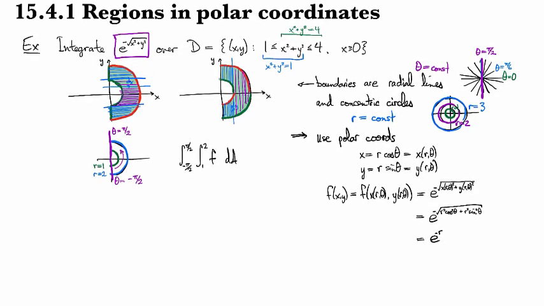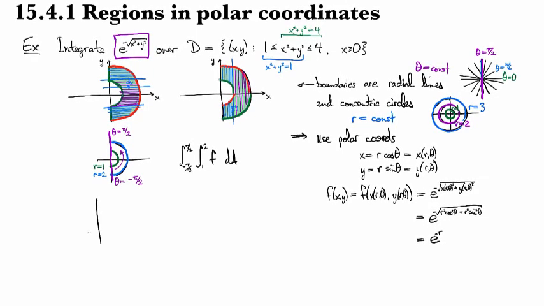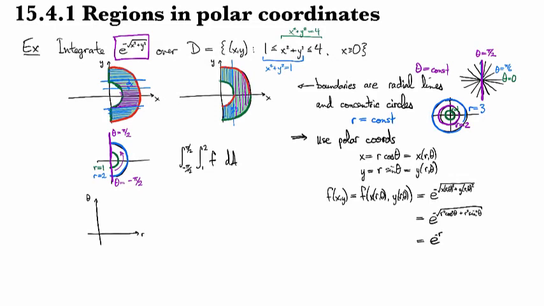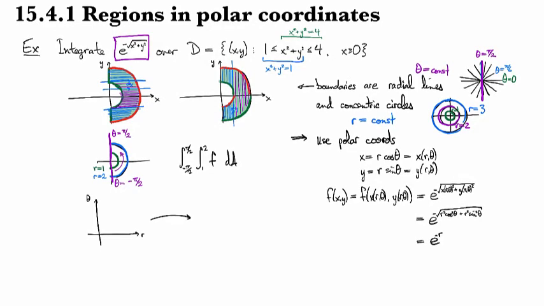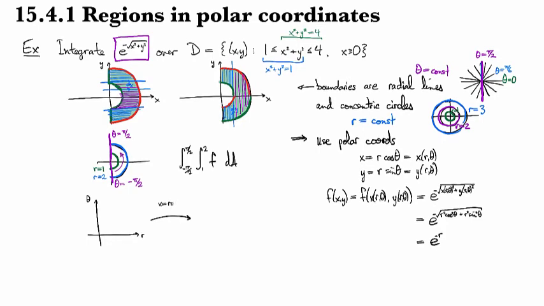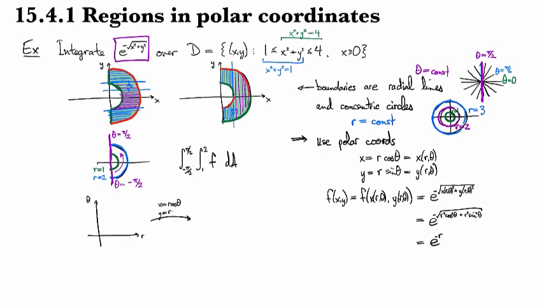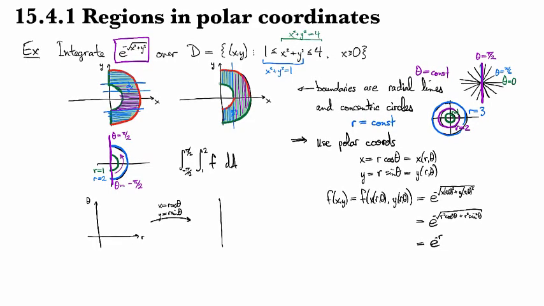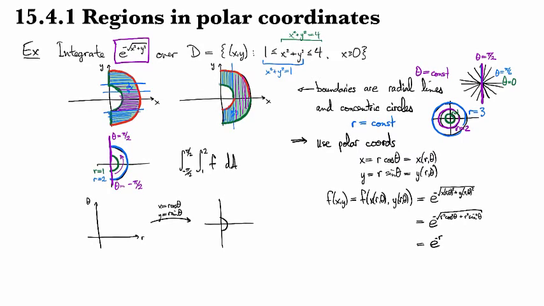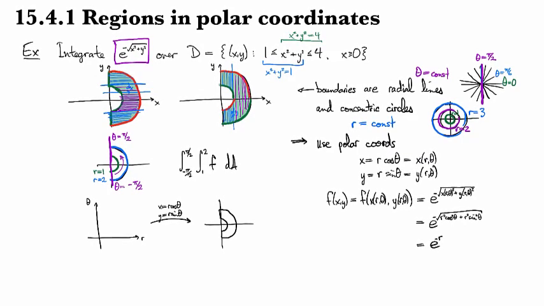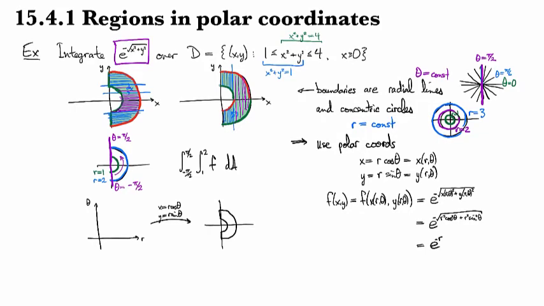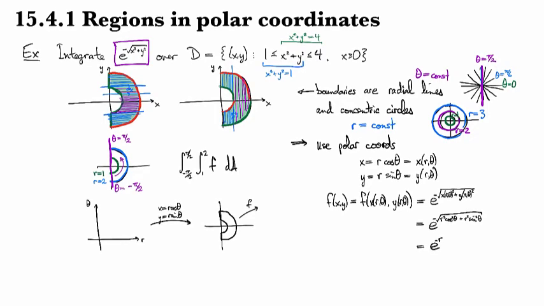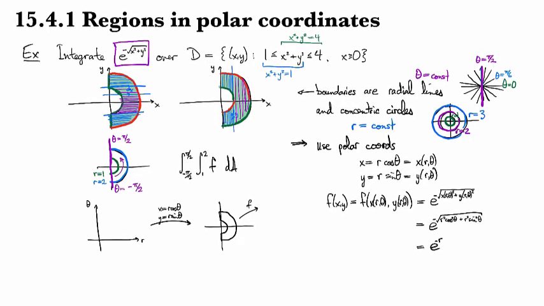All right, so now here's the thing. Let's take a little bit of a closer look as to what's going on. If we have the r theta plane, and then we're transforming by polar coordinates, and then from that, we're getting this region of interest. And then here we've got some function f that we're integrating. So you can see that this is the way the composition is set up, right?